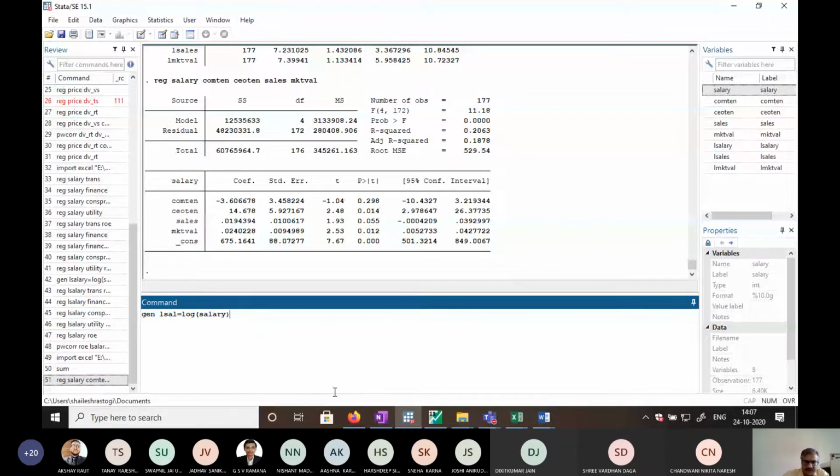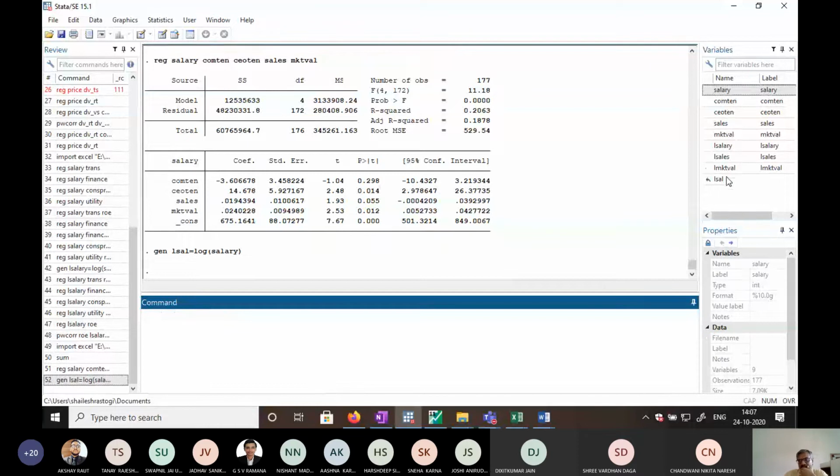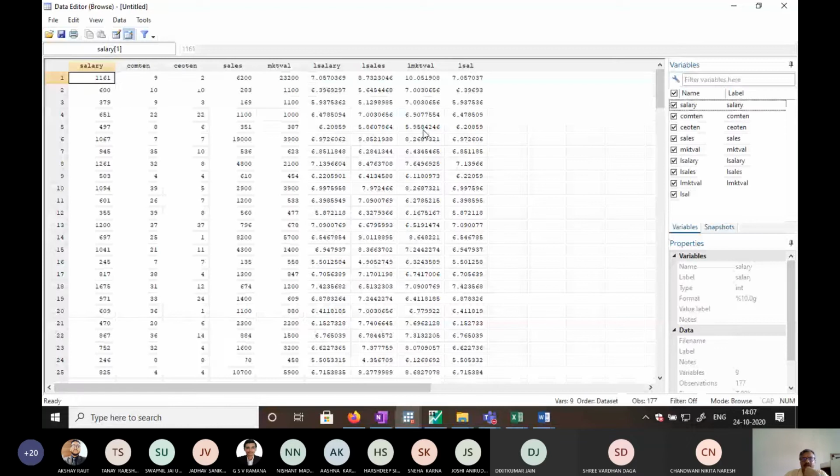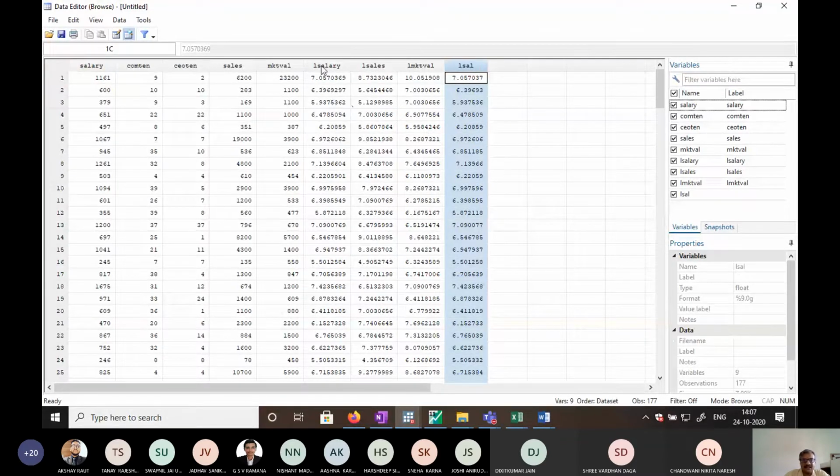If I enter, as you can see, one new variable has been created. I can go here and see that a new variable LSAL has been created, and if you check, LSAL is similar to this. I've just done this calculation before. So this is the method by which you can calculate the log values of any number in Stata.